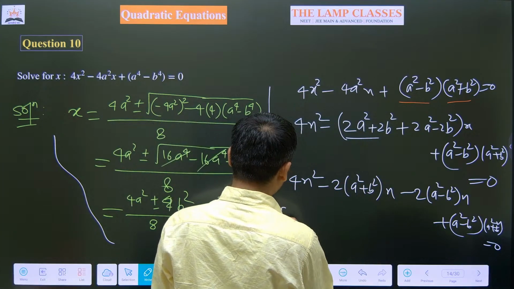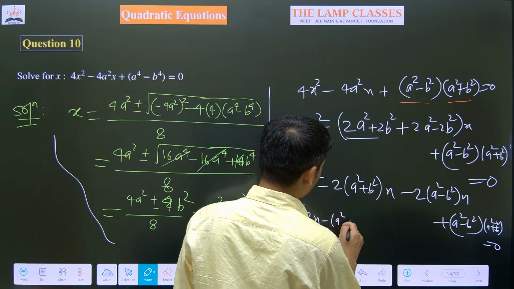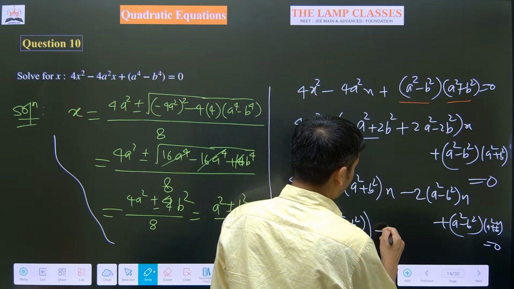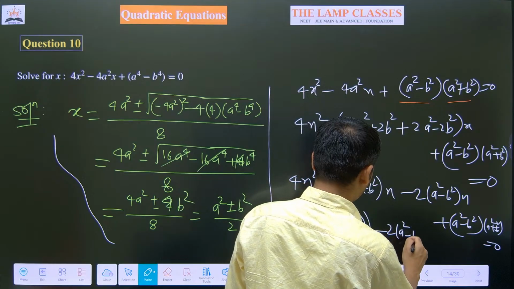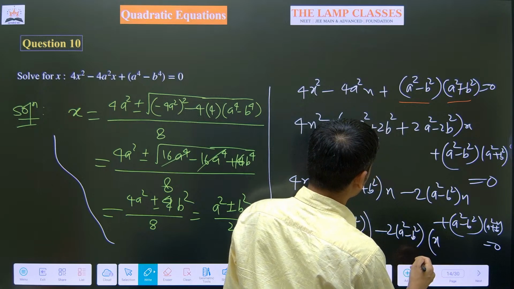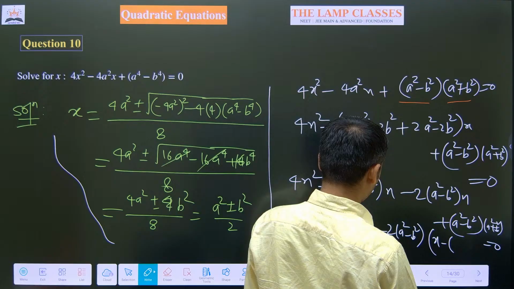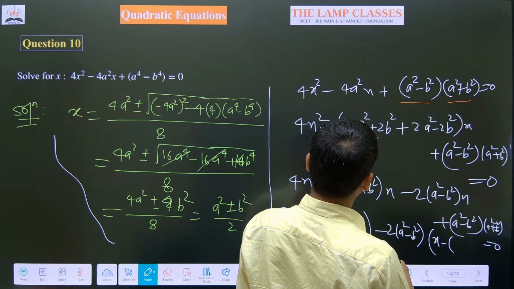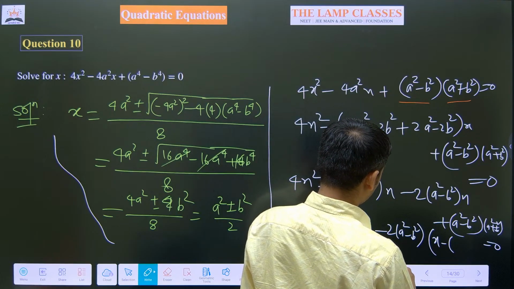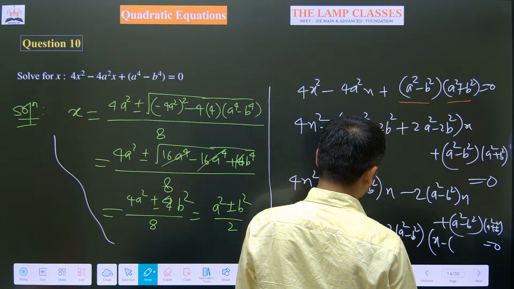Now here we can take 2x common: 2x minus a square plus b square, minus 2 times a square minus b square is common, x minus just a square minus b square.